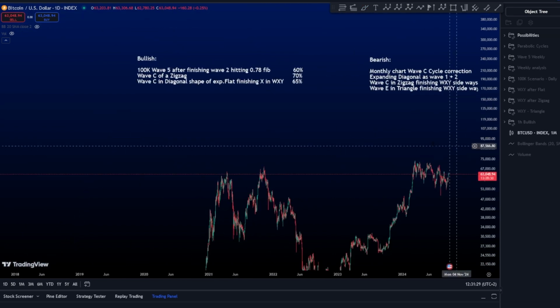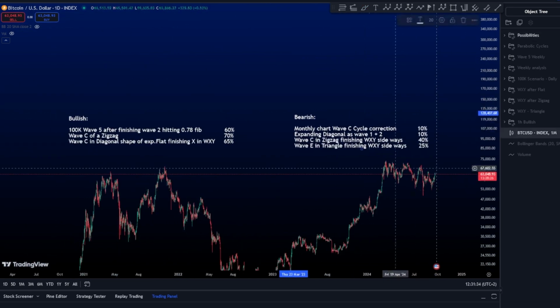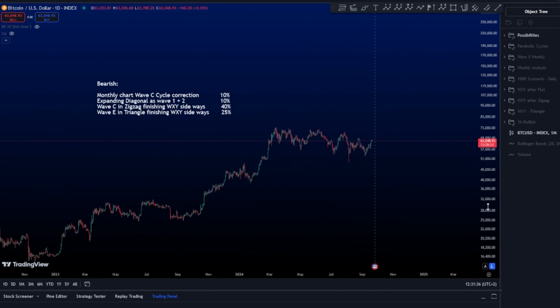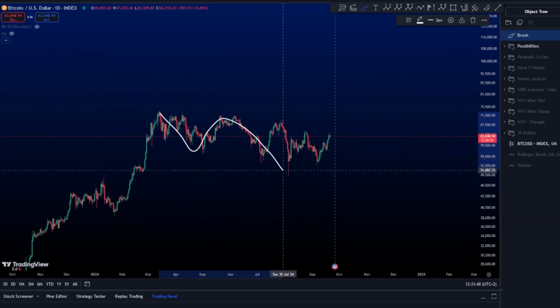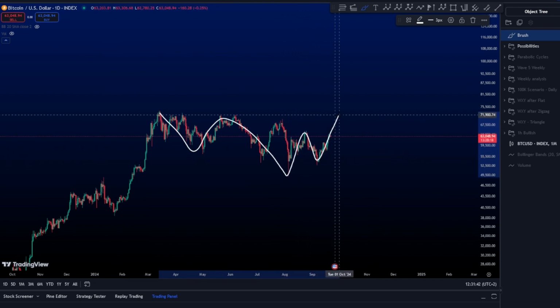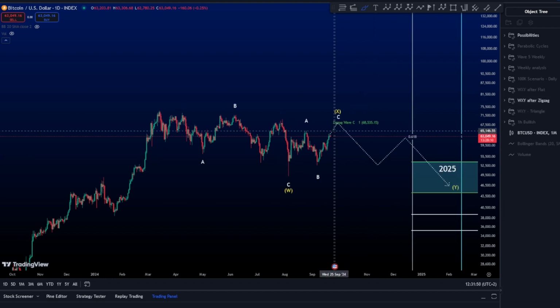What I mean by this zigzag is that after finishing a zigzag here, you have A, B, and a C, and you want to look at a zigzag. And this is the scenario that we're going to have here as a zigzag, okay?